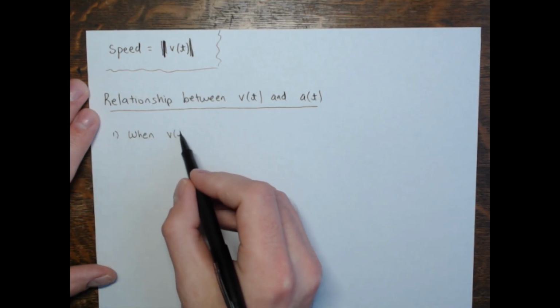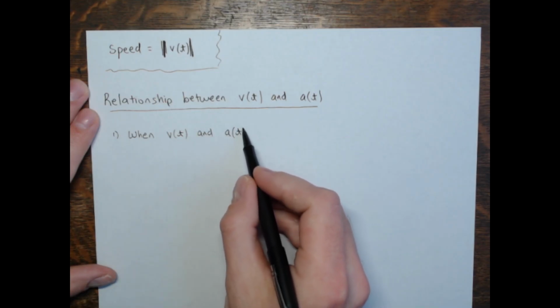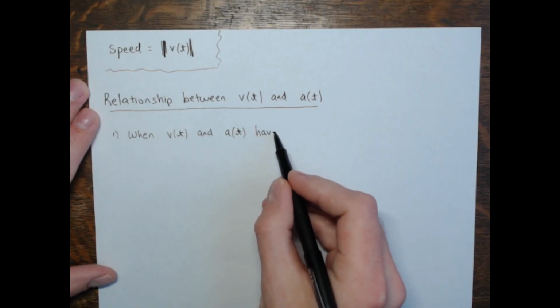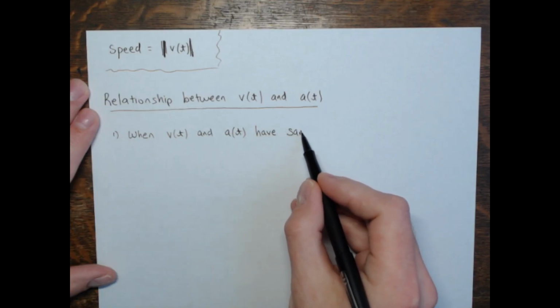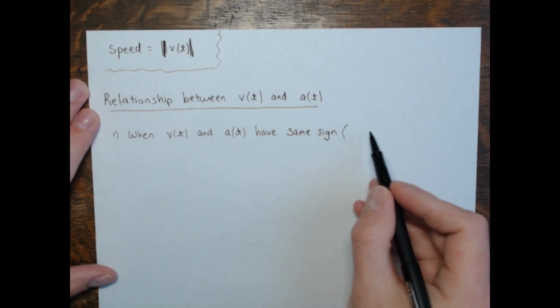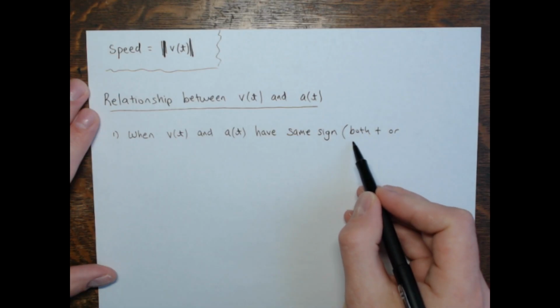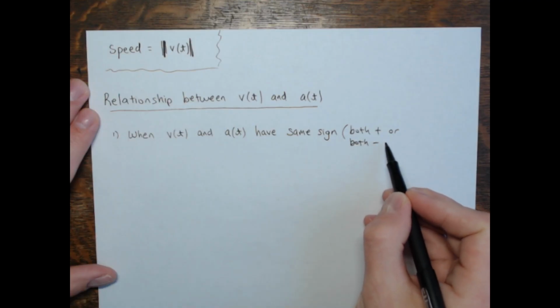So when velocity and acceleration have the same sign, that means both positive or both negative, both plus or both minus.